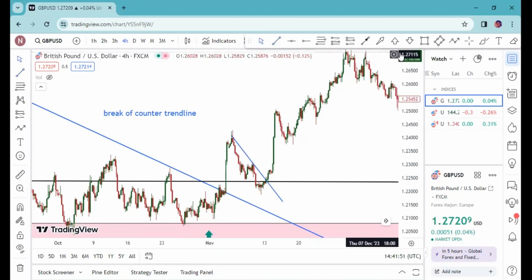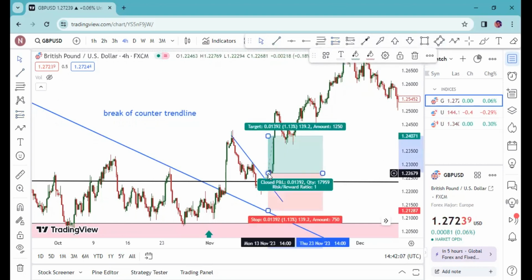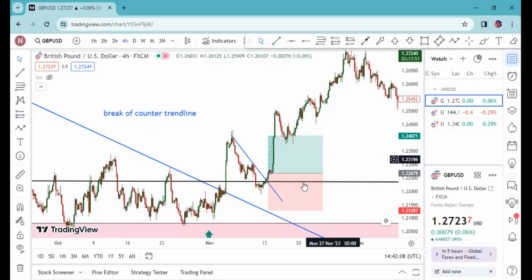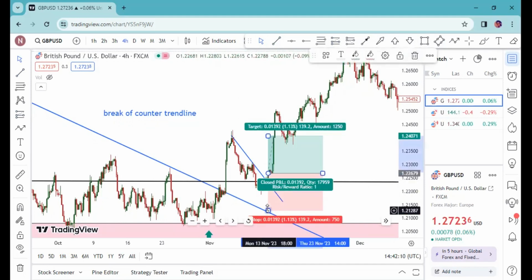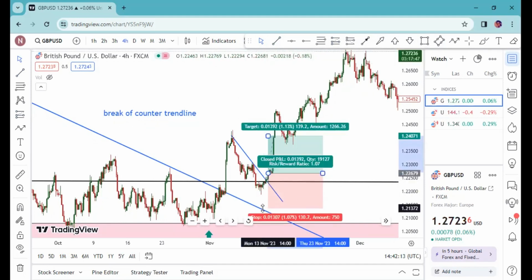Anytime the market breaks, I enter. How do I enter? Here, I enter on the full complete candle after that one; that's where I took my trade. For my stop loss, I use the last low.